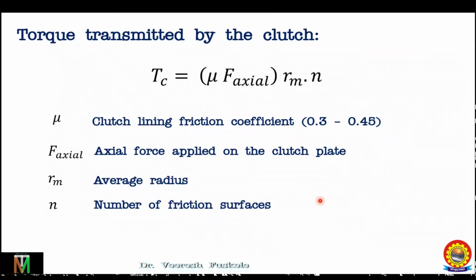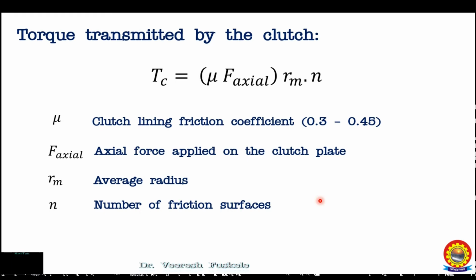Finally, what is the torque transmitted by the clutch? The torque transmitted by the clutch at steady state is given by T_C = mu × F_axial × R_m × N, where mu is the clutch lining friction coefficient. It is generally 0.3 to 0.45 for organic friction lining, and F_axial is the axial force applied on the clutch plate.